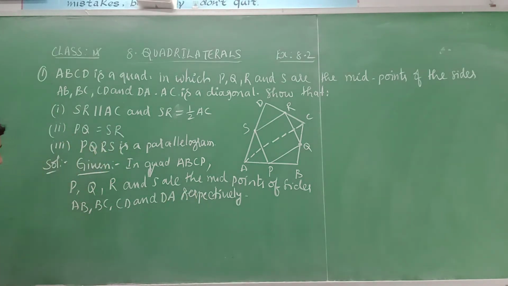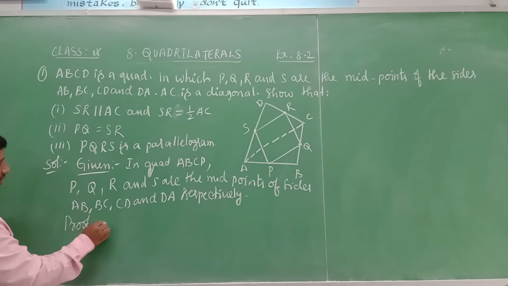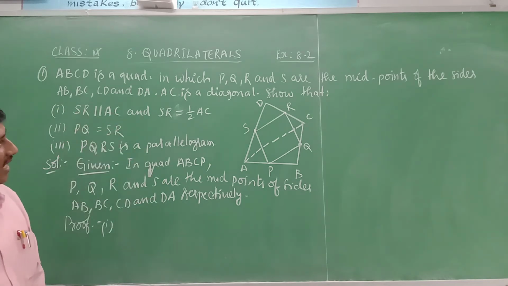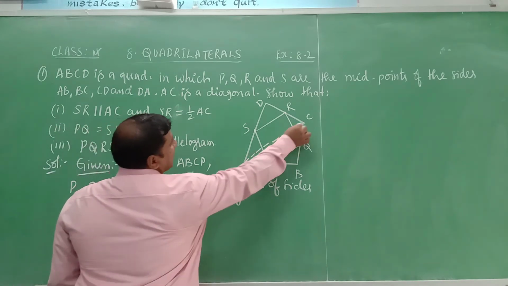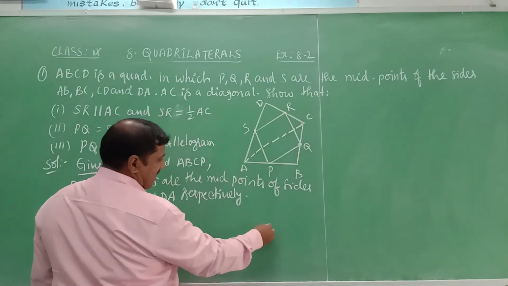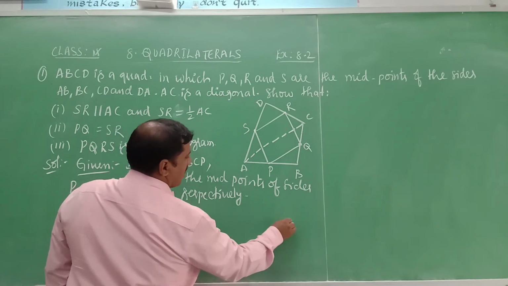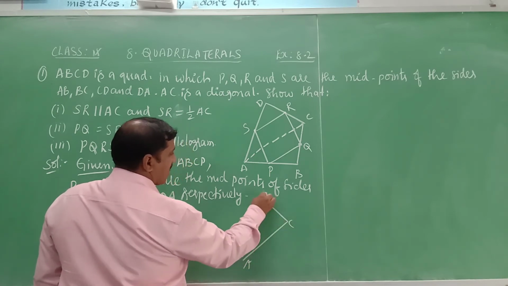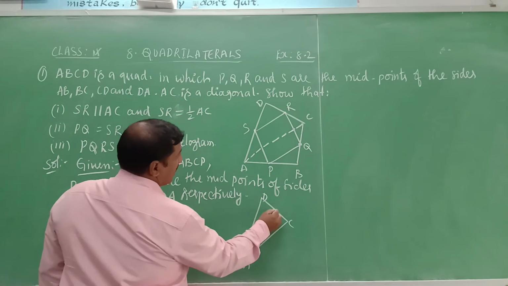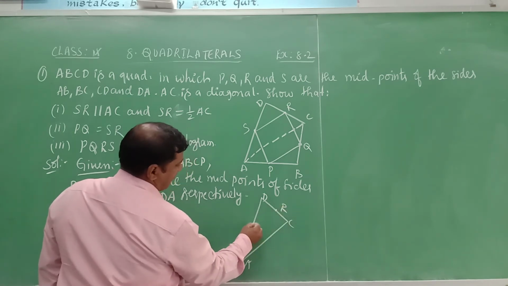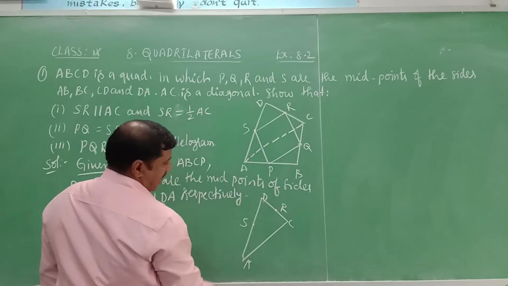Now, what we have to prove here, one by one we will prove. First one, SR is parallel to AC. Consider the triangle ACD. I am drawing here the rough diagram A, C and D. This is the triangle ACD. Here R is the midpoint of CD and S is the midpoint of DA.